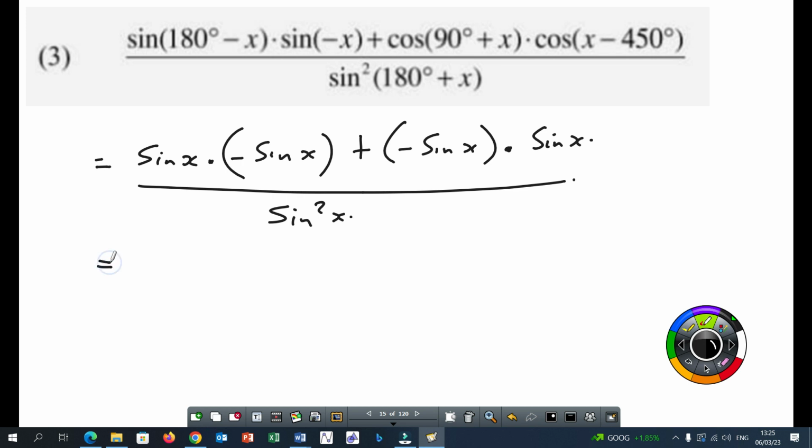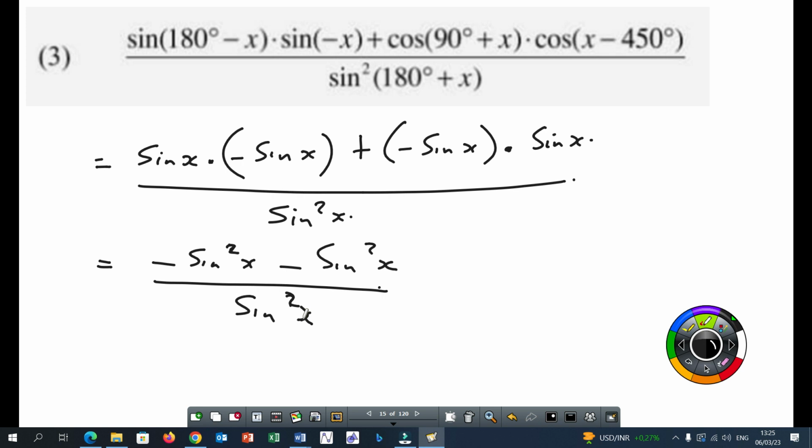Alright. Okay, let's carry on. So we multiply those two, get minus sine squared x. Minus sine squared x minus sine squared x. This is all over sine squared x.